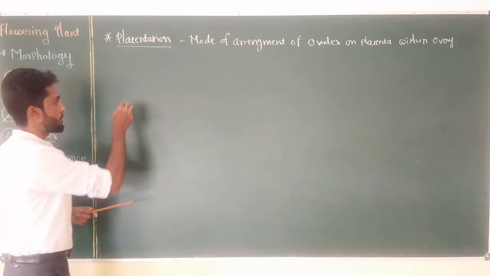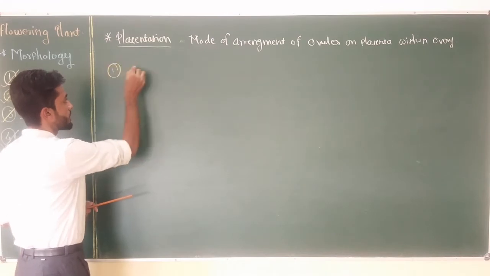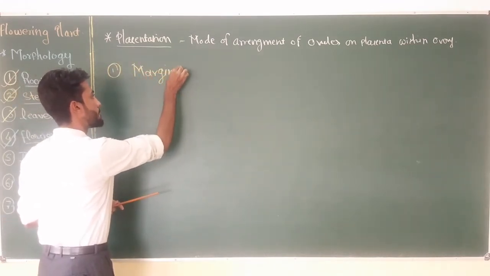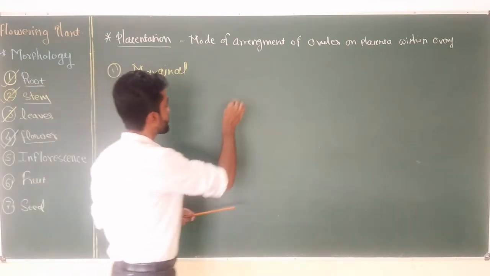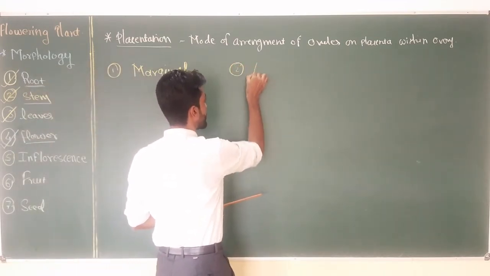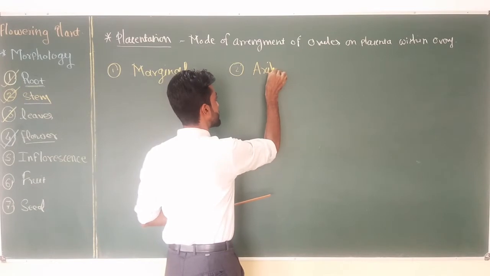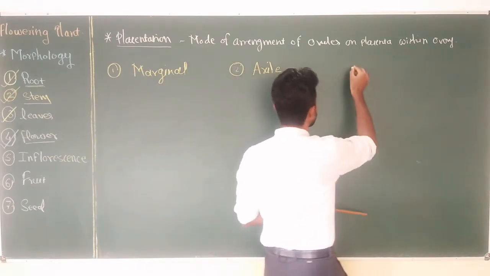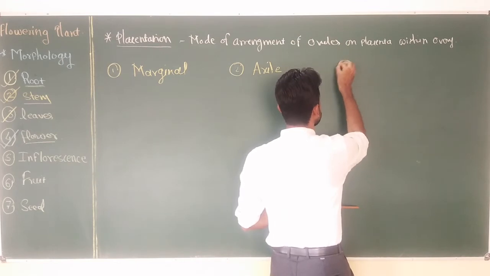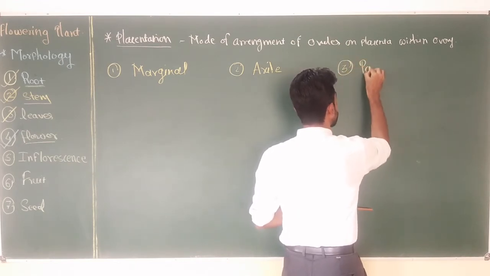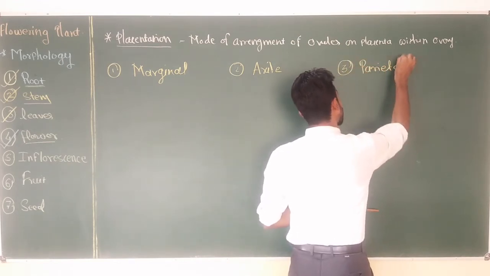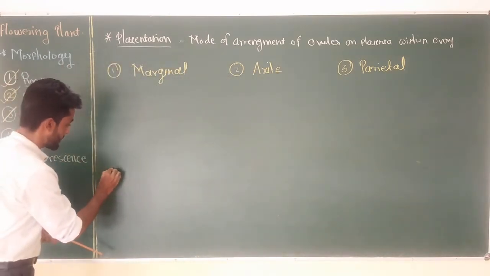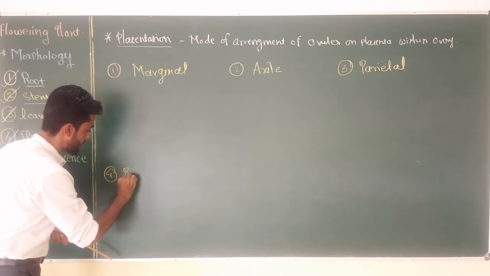So the first type of placentation is marginal placentation. The next type is axial placentation. The third type is parietal placentation. The fourth type is basal placentation.